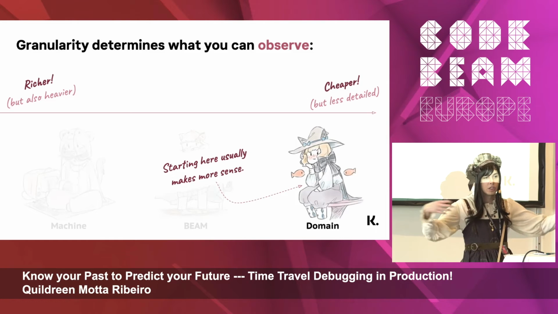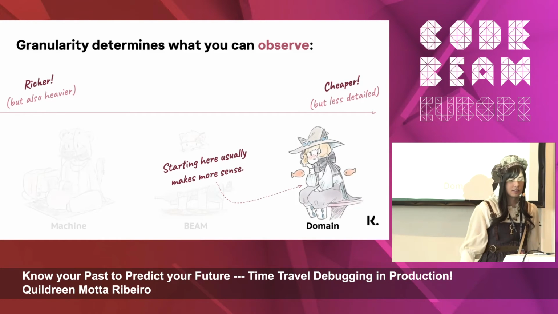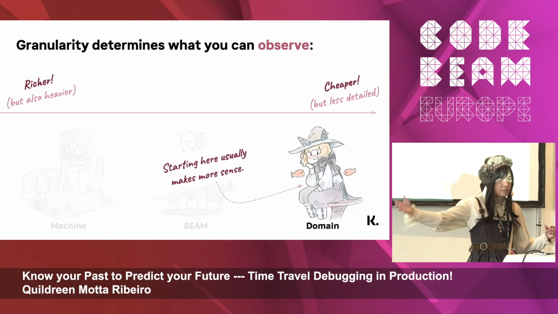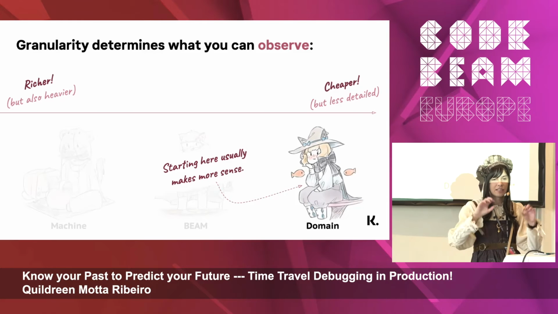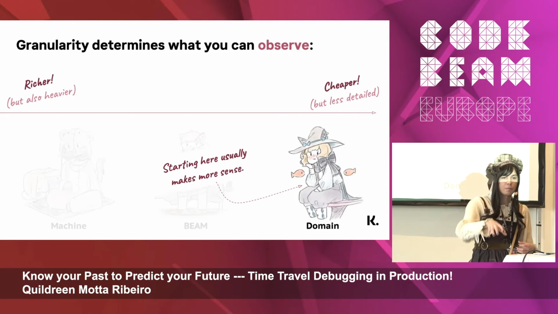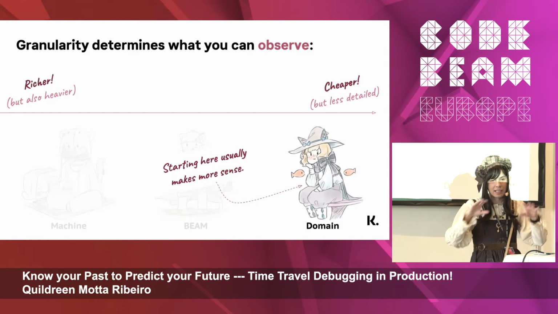So you don't have to rerun this over 8 years of data. So this is basically what you do. It starts at the domain, and if we find something that needs more investigation, then we find the smallest portion of the trace that needs more investigation, and then we do more analysis at a lower level.